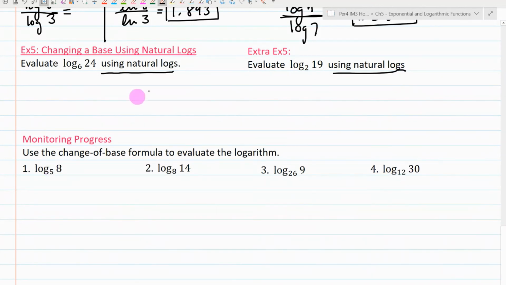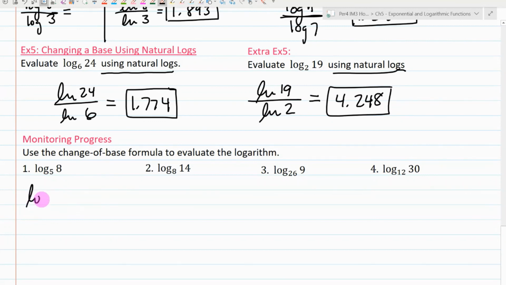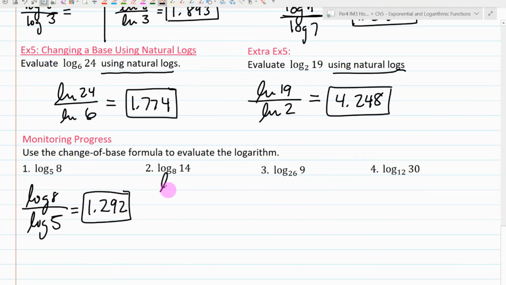All right, so after pausing it and doing all these: natural log of 24 over natural log of 6. Natural log of 19 over natural log of 2. This one, log of 8 divided by log of 5. Natural log of 14 over natural log of 8.